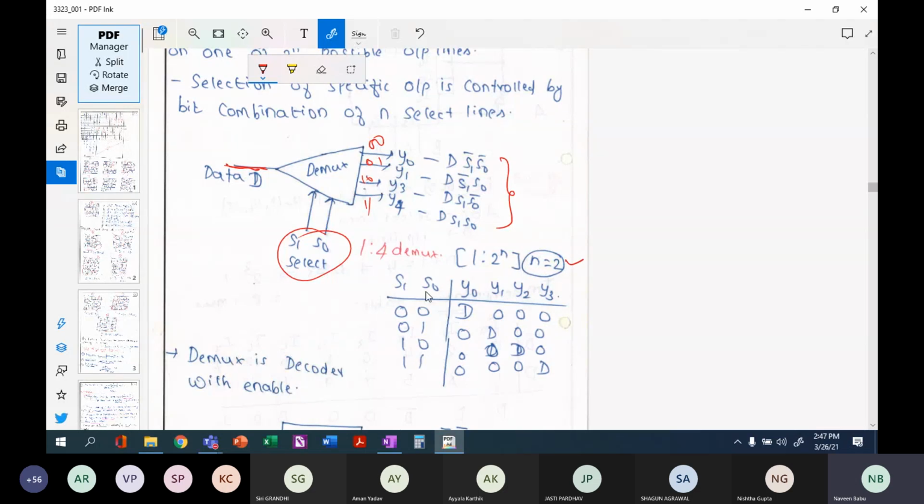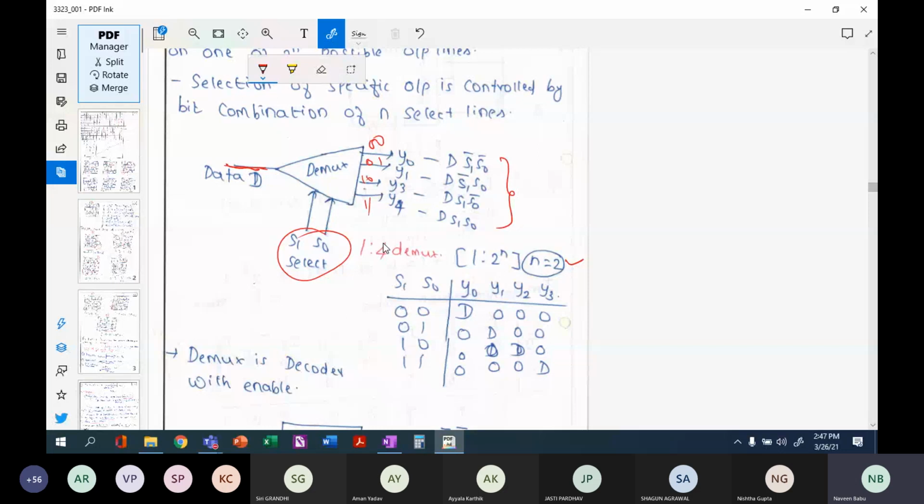So the number of select lines is 2, and your outputs will correspond to this: when your select line is 0 0, your first output line will get the data. When it is 0 1, your second output line will get the data. When it is 1 0, the third output line will get the data, and when it is 1 1, the fourth output line will get the data. Right? Normally you can visualize this demultiplexer like a decoder.